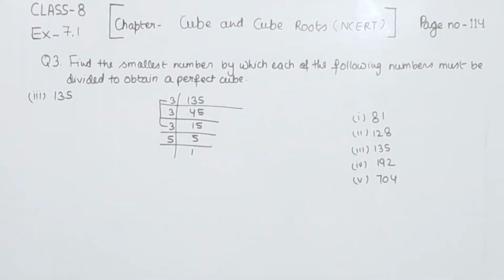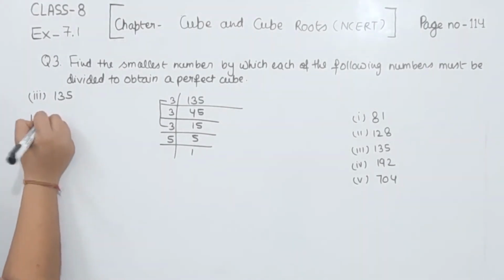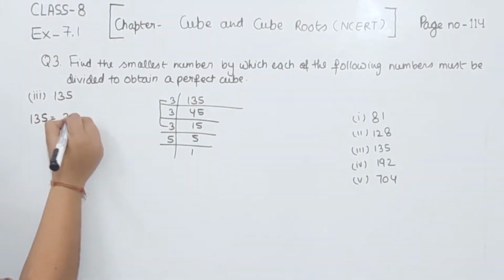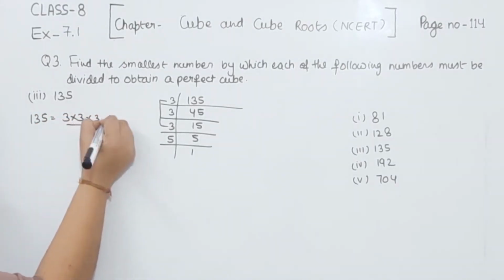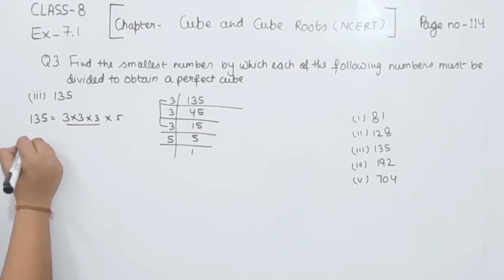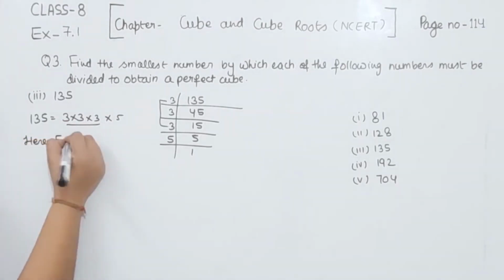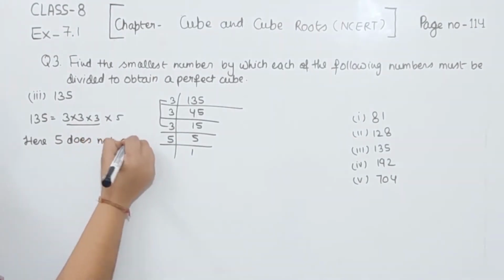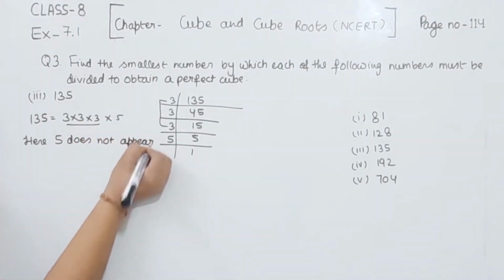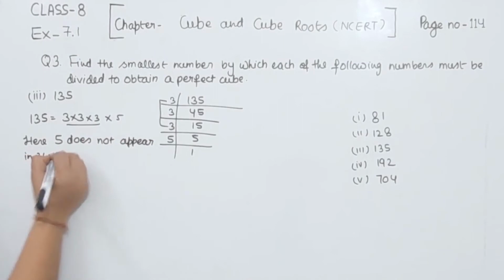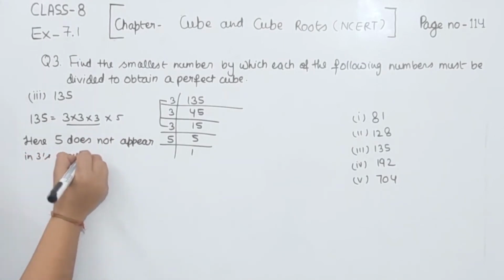So first of all, we are going to write the prime factors of the number 135 is equal to 3 multiplied by 3 multiplied by 3 and then the 5. We write here: 5 does not appear in 3's group.